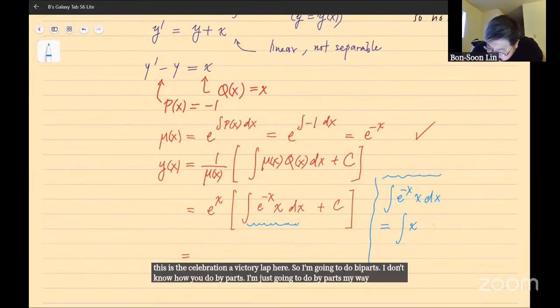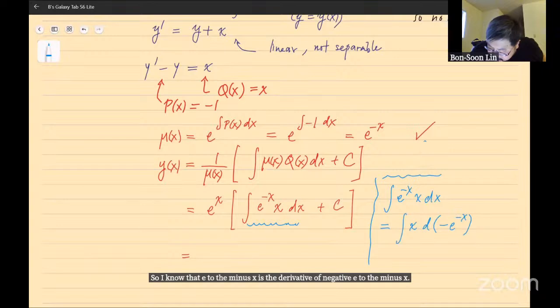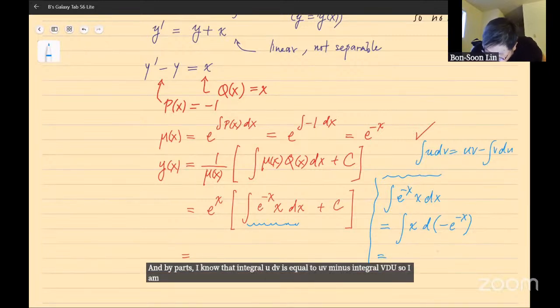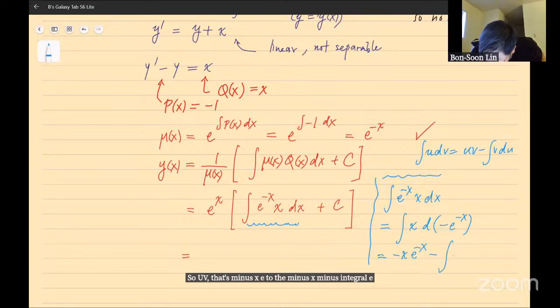So I know that e to the minus x is the derivative of negative e to the minus x. And by parts, I know that integral u dv is equal to uv minus integral v du. So I have my u dv here. So uv is minus x e to the minus x minus integral of minus e to the minus x dx.